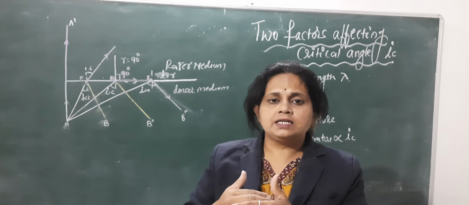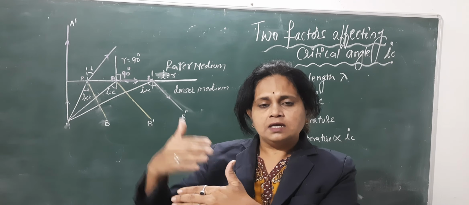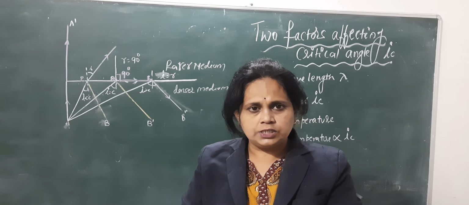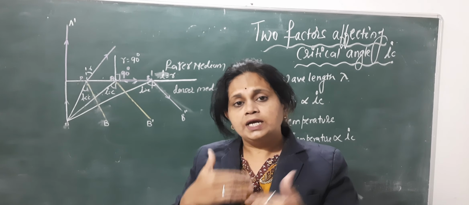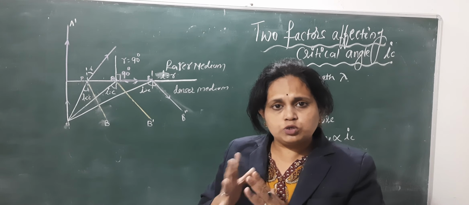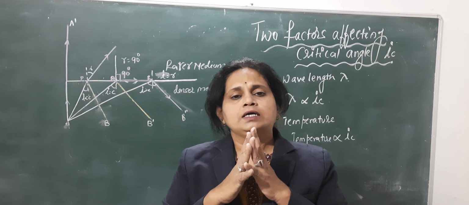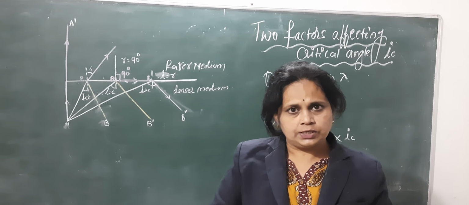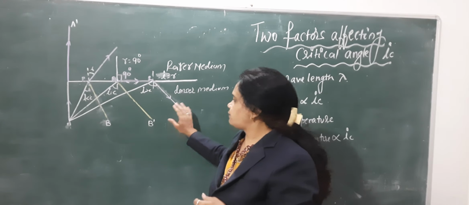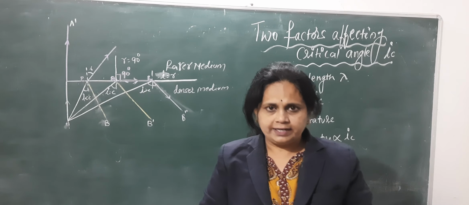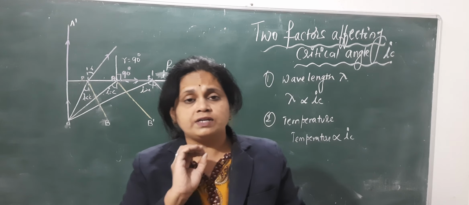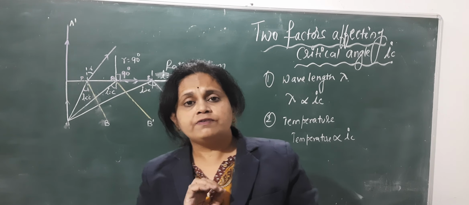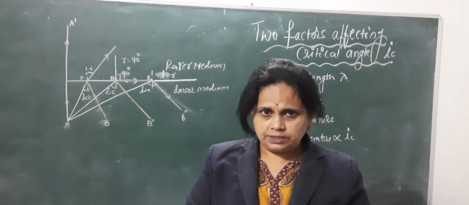It means whenever the ray of light enters the glass and tries to come out, it can come out up to a 42 degree angle. After that, it cannot come out from the glass into air and it will suffer total internal reflection. That is the meaning of saying the critical angle of glass is 42 degrees.